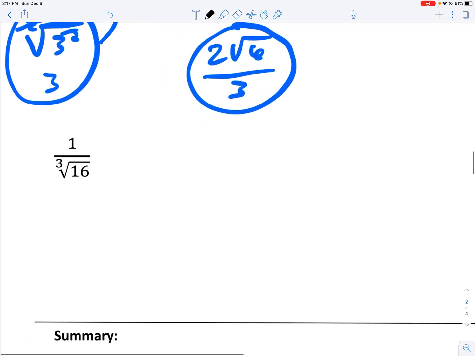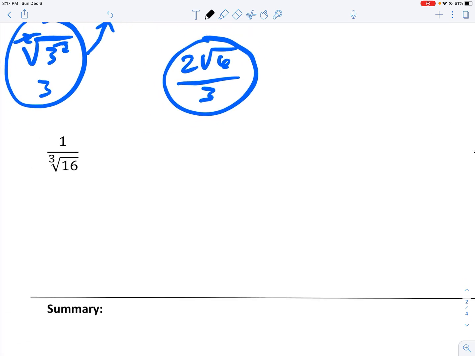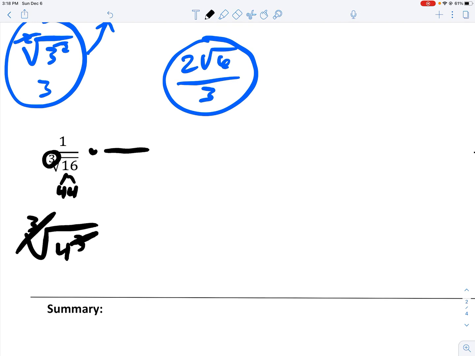So now if you look at the second to last example, this time it's a cube root. So I'm looking for 3 of a kind. So right now I have 4 and 4. I have 2 4s. If I could get this to be 4 to the third, right, those would reduce and you would get 4. So I need another 4. Well, it can't just be the square root of 4 because when you multiply, remember the index has to be the same.